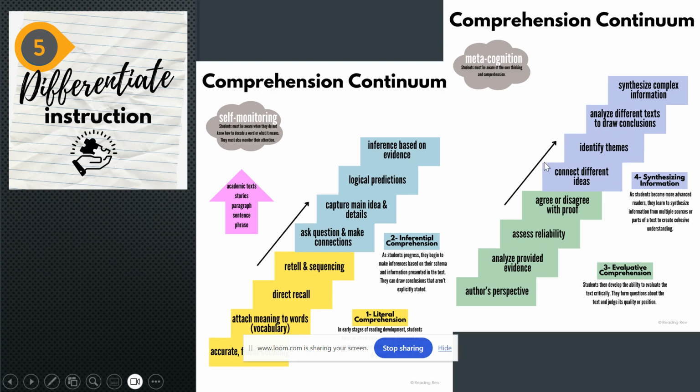So here is my theme. I could put a circle or a star here and say, okay, if I'm asking them to do theme, then all of these other comprehension skills are built background or previously needed skills to get to theme.